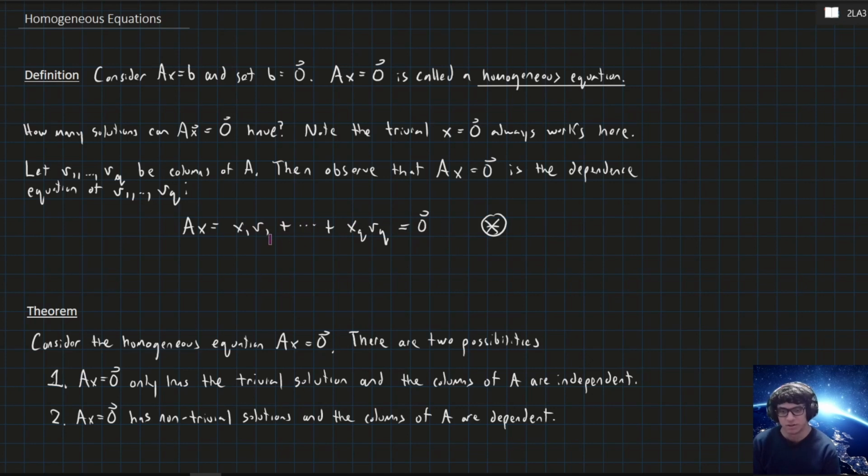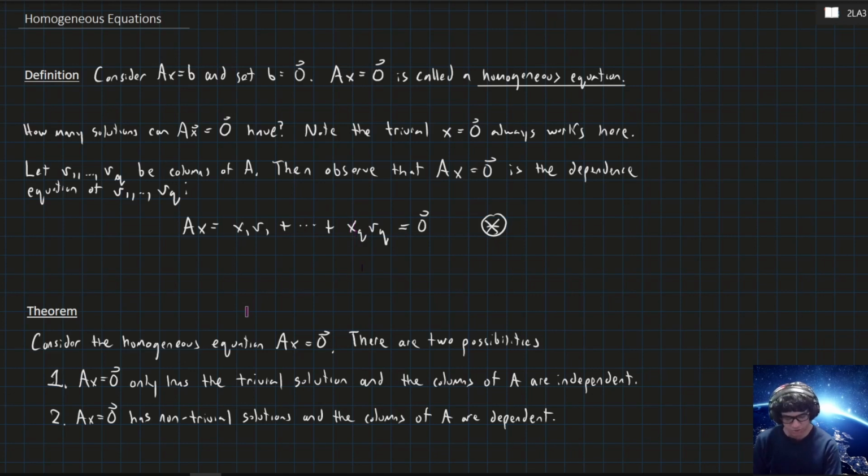So solving the homogeneous system is equivalent to determining if the column vectors are dependent or not. What we're asking about is what the weights, the x's, could possibly be.